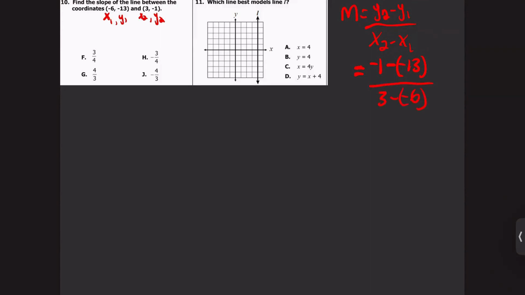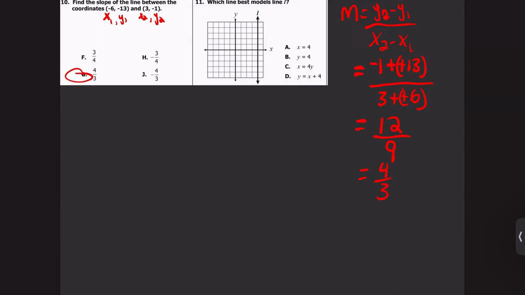Well, we know, change. We get 12 over 9. And then that should simplify to 4/3. And that is simply how you approach that problem.